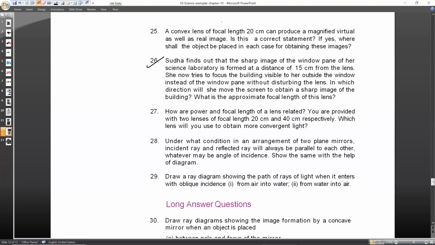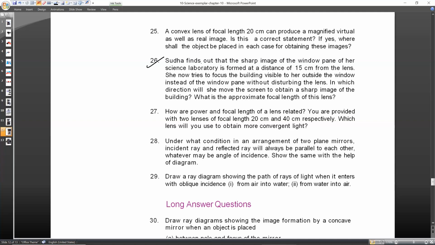Read this question, please. So what is being given here?